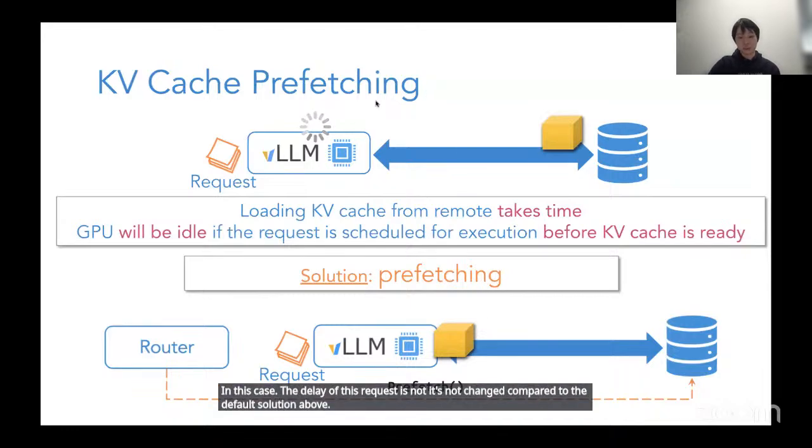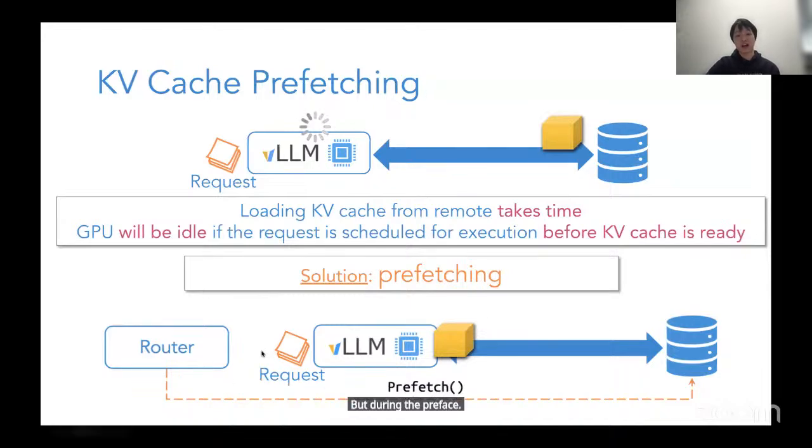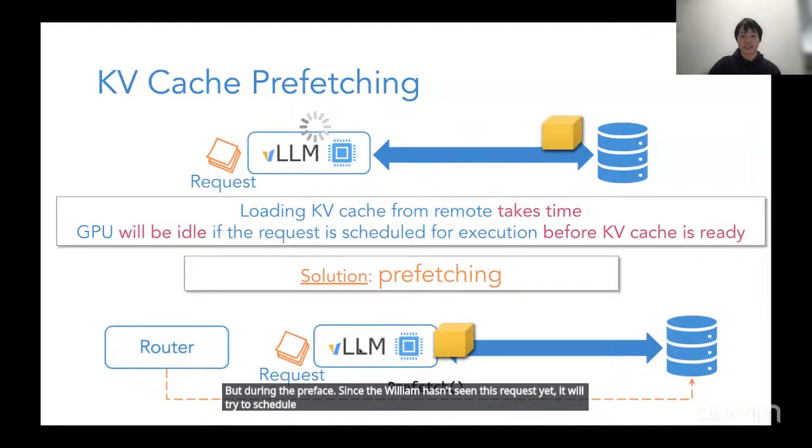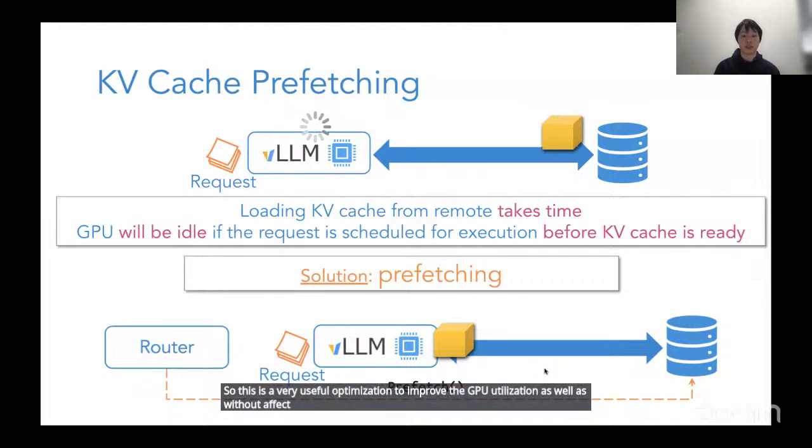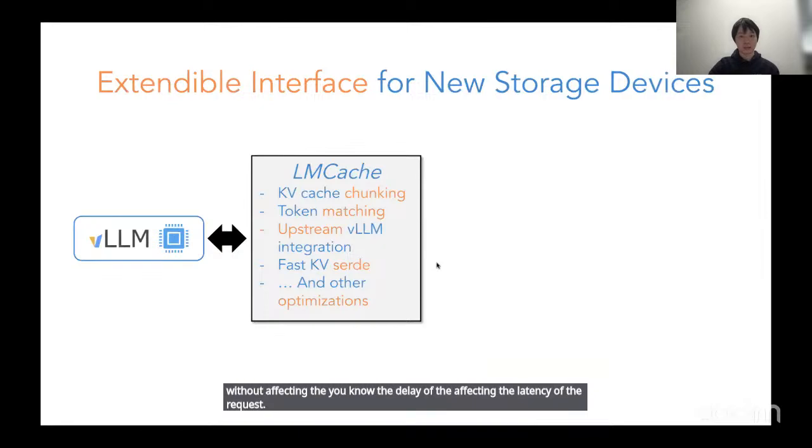But during the prefetch, since the vLLM hasn't seen this request yet, it will schedule other requests and keep the GPU busy. So this is a very useful optimization to improve GPU utilization without affecting the latency of the request.